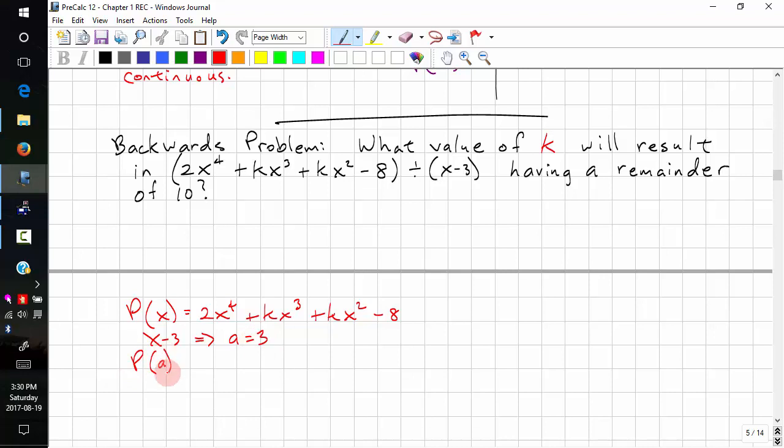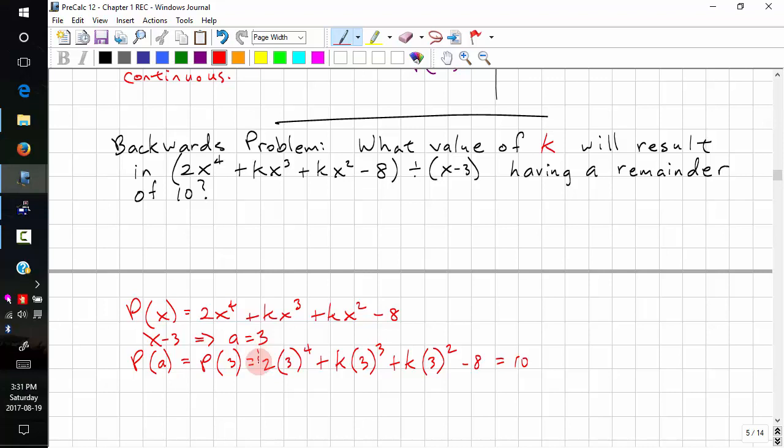P of a equals P of 3 equals 2 times 3 to the power of 4 plus k, we substitute 3 to the power of 3 plus k, 3 squared minus 8. We want this equal to 10.